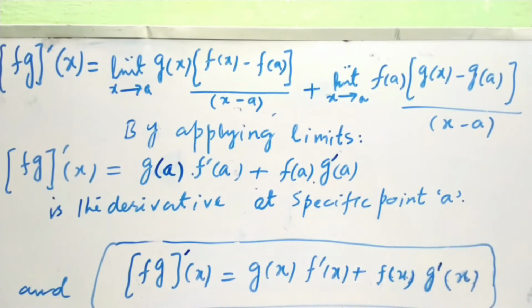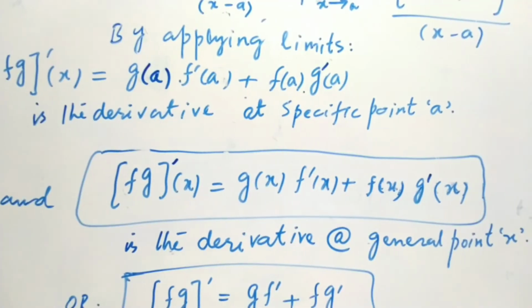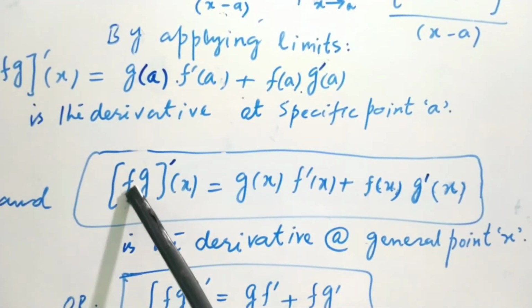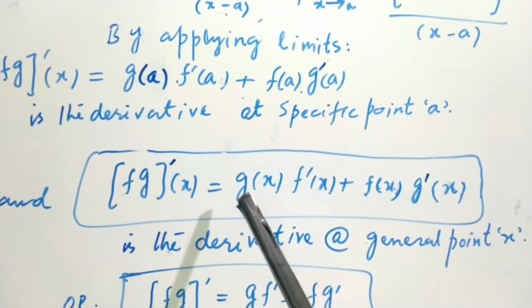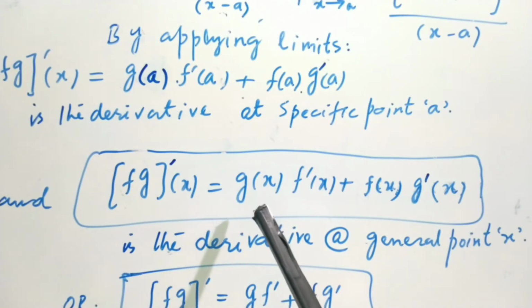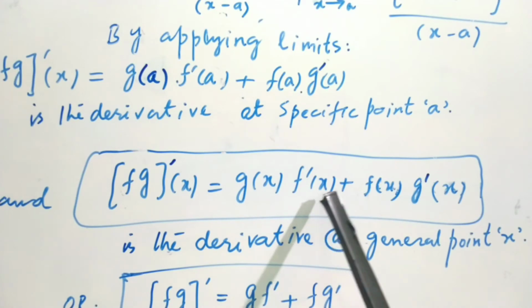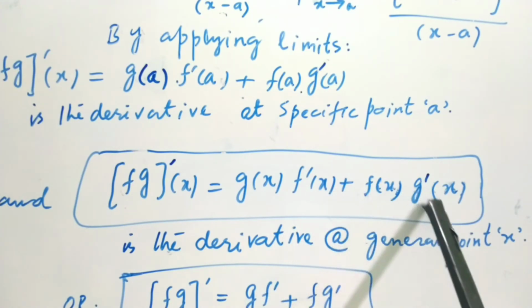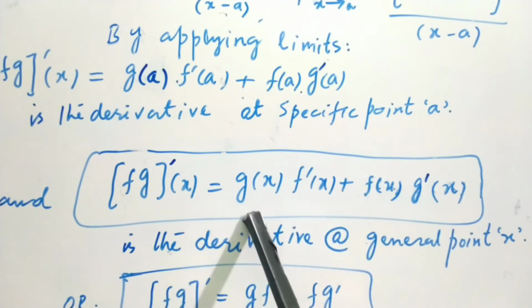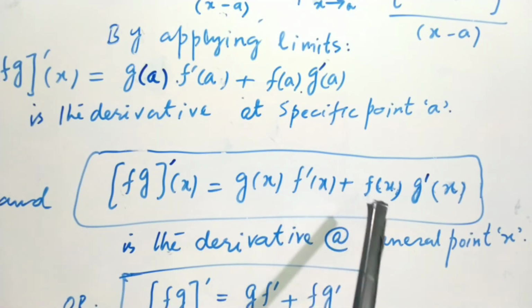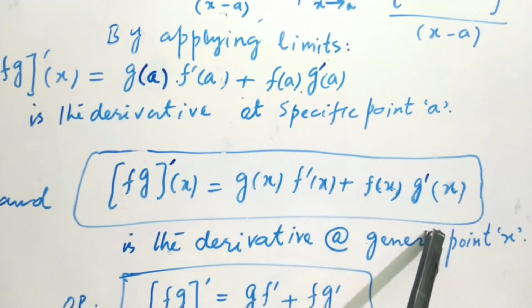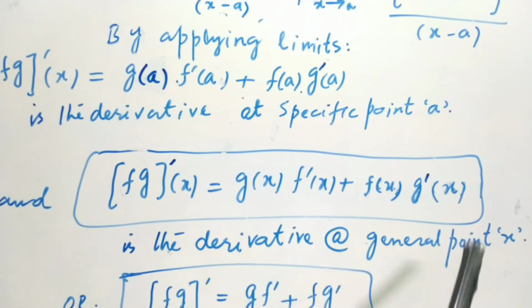How can we do this? (fg)'(x), instead of a we put x here, so g(x) times f'(x) plus f(x) times g'(x), meaning g(x) times the derivative of f(x) and f(x) times the derivative of g(x), is the derivative of the product function at the general point x.